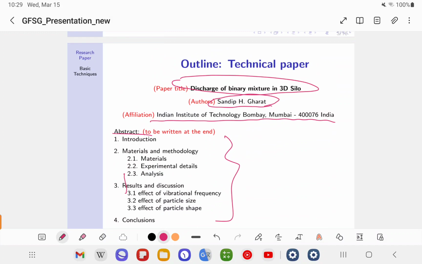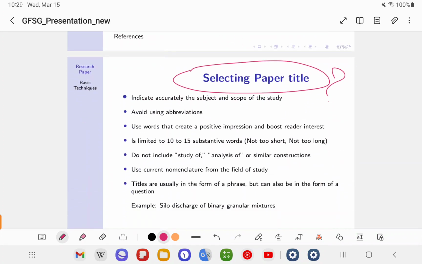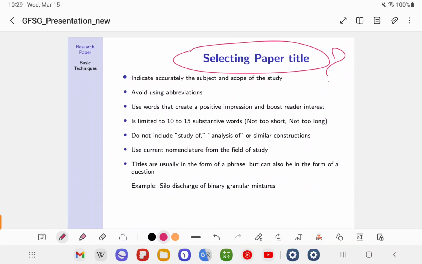The system is a three-dimensional silo, and I'm working on discharge, that is flow rate. So while selecting the paper title, you have to be very, very careful. It should be perfectly defined. You should not use abbreviations. It should give a positive impression, right? So that readers will read it.